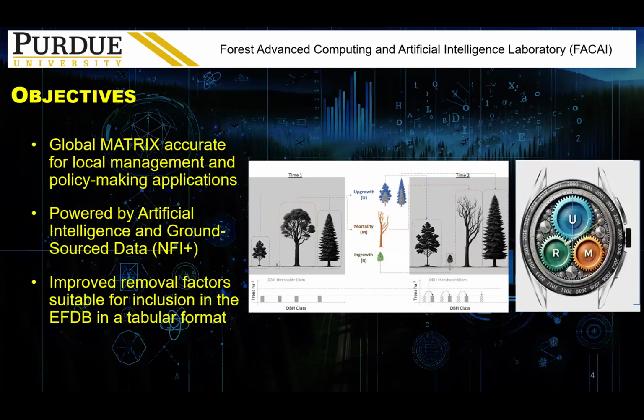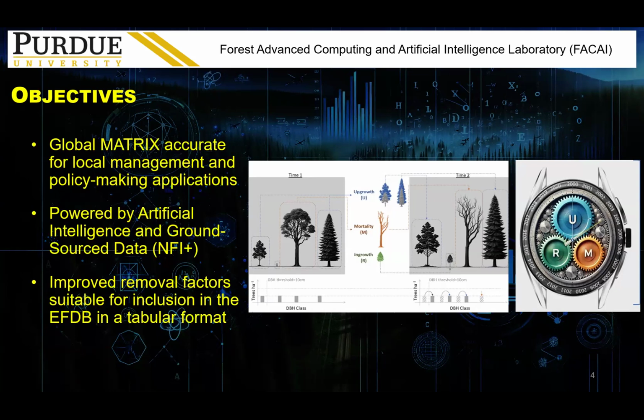The objective of our project is to develop a model, which we call the matrix model, in order to accurately estimate the forest growth rate, including the carbon dynamics and the carbon change rate for local management and policy making applications. And this model is going to be powered by AI and ground sourced data. So whenever a country has national forest inventory data, we are using that.